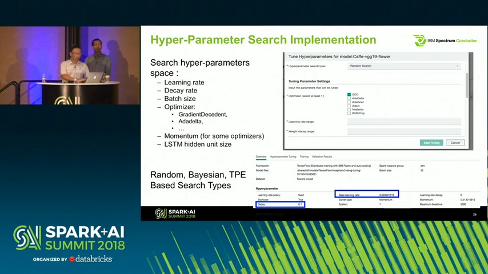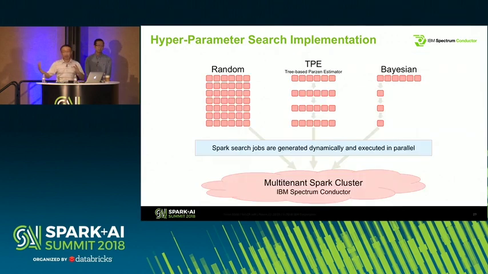At the very bottom, you can see that after we run many tuning jobs, it provides a good set of hyperparameters, which you can directly use during your training run. The way it works is we support a shared, multi-user, multi-tenant cluster.